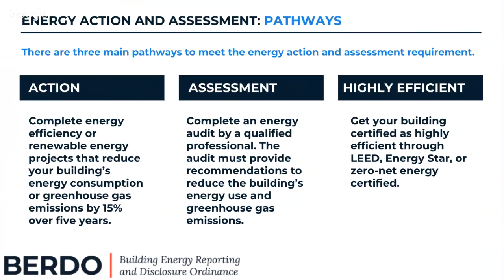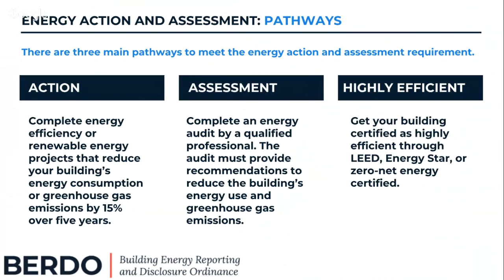So the philosophy here is that in order to achieve citywide climate goals, we need to be seeing continuous improvement on building energy performance, which is the energy action portion. If that's not happening, then the first step to knowing how to lower your emissions is to do an energy audit of some form, and that gives you the tools in terms of recommended energy conservation measures to help lower your emissions by that 15% or more every 5 years.